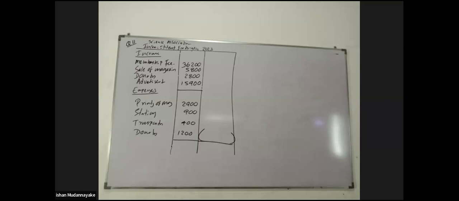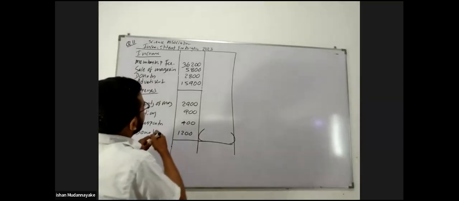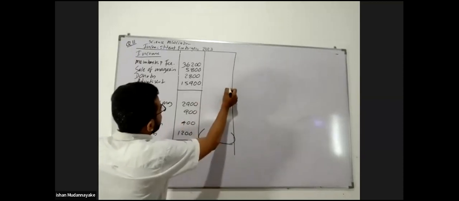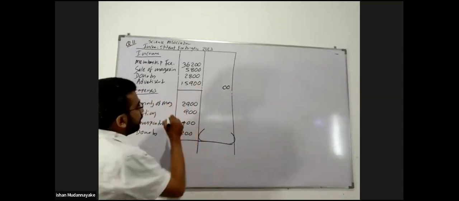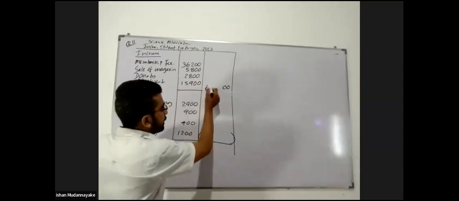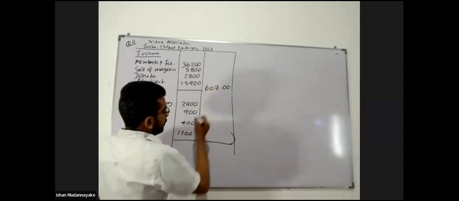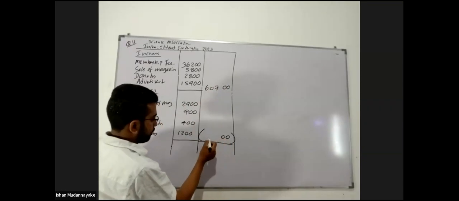Surplus 55,300, right? Okay, I got the answer from Akshaya. Very good. How much is the total income? Sir, 60,700. Right. Total expenses? 5,400.